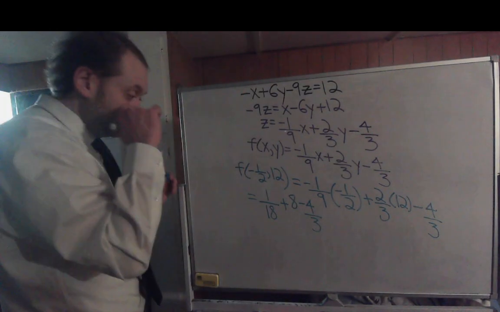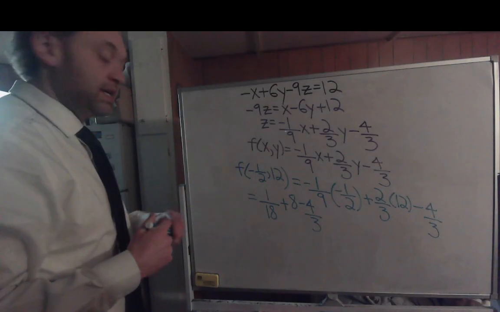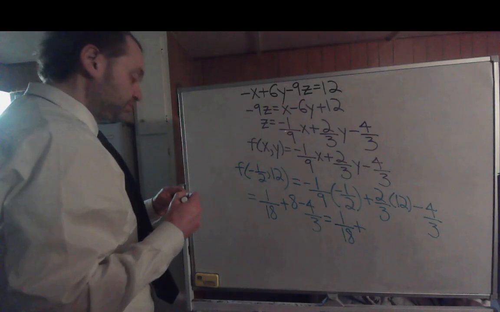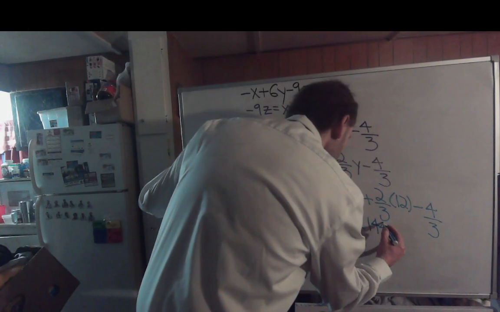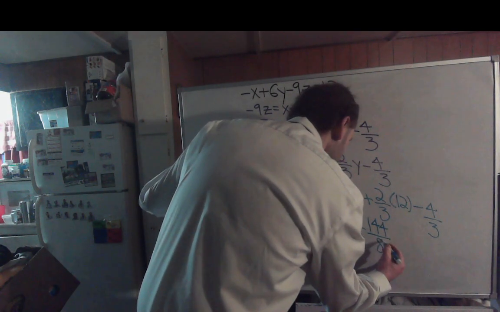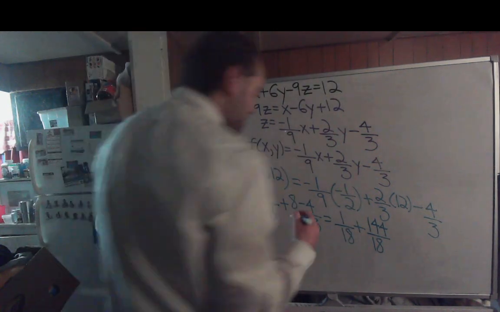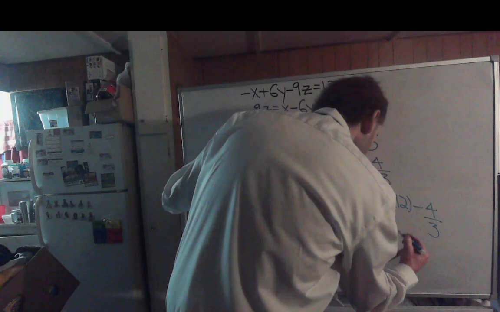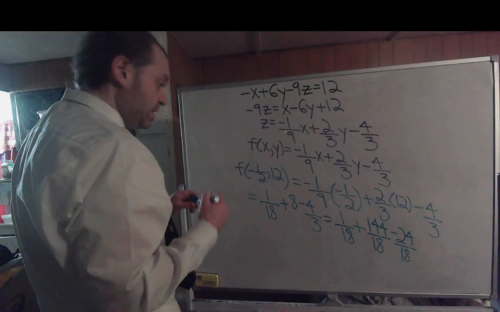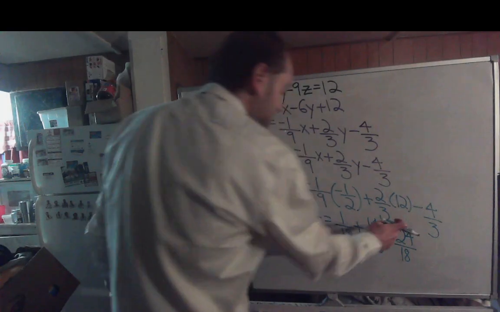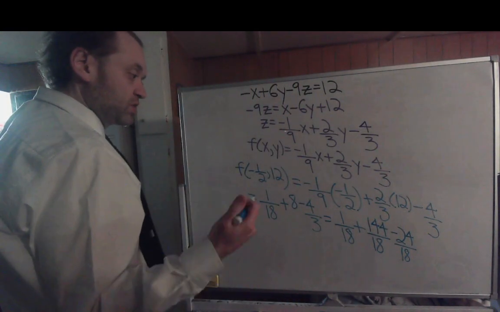It seems to me we need to make all of these have the same denominator. So this is going to look like 1/18 plus 144 18ths minus 24 18ths. 144 minus 24 is, of course, 120.